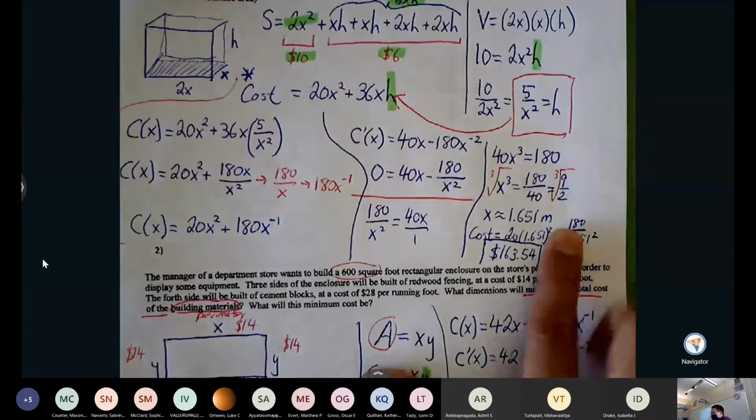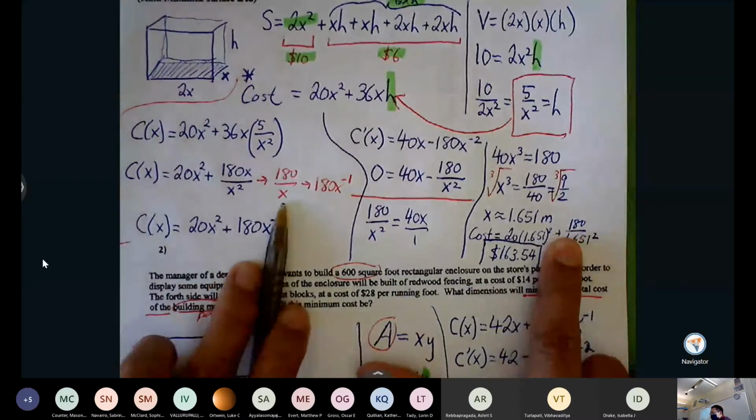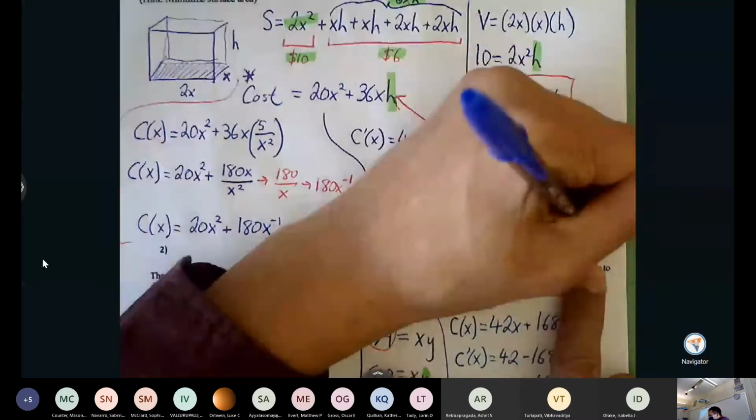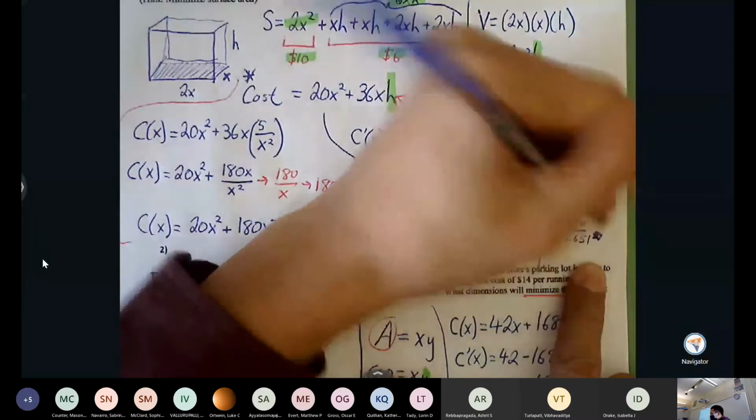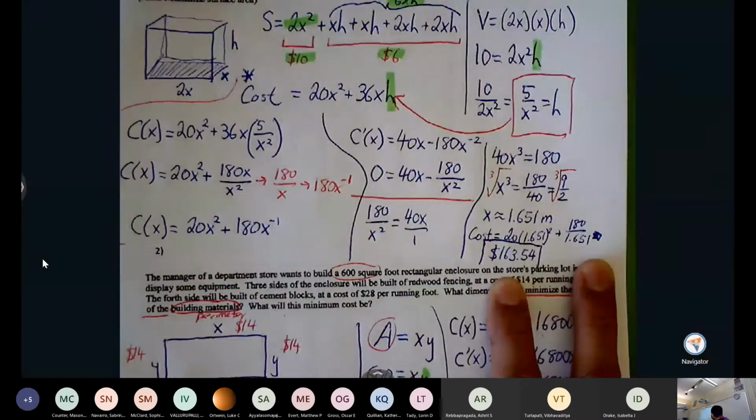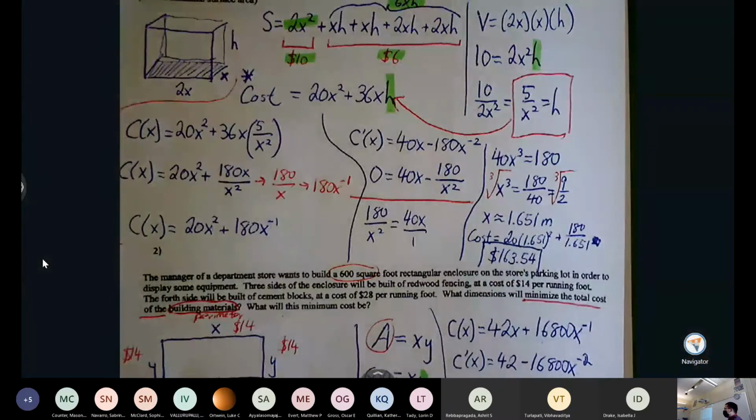Oops, sorry, that's squared. That's right. This is right. This is right. Okay, anything else? Any other questions?